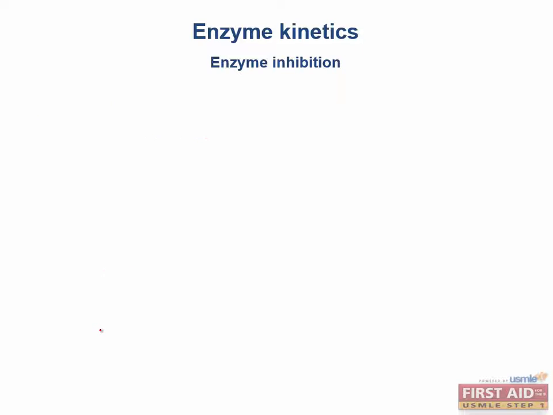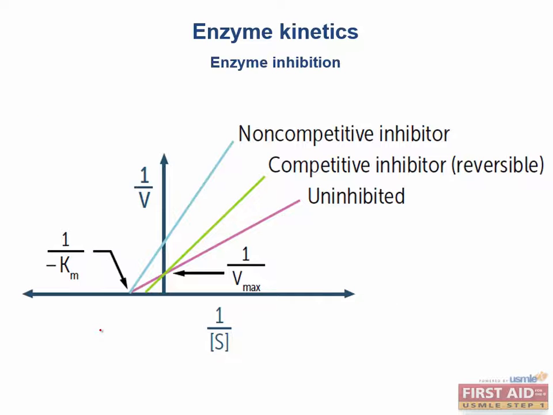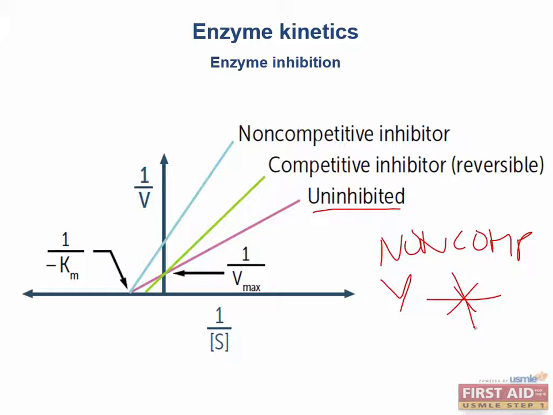Okay, now with the Lineweaver-Burk plot. In comparison to the uninhibited enzyme, why do you think the non-competitive inhibitor changes the y-intercept but does not change the x-intercept? Remember that the y-intercept represents 1 divided by Vmax, and the x-intercept is 1 divided by negative Km.